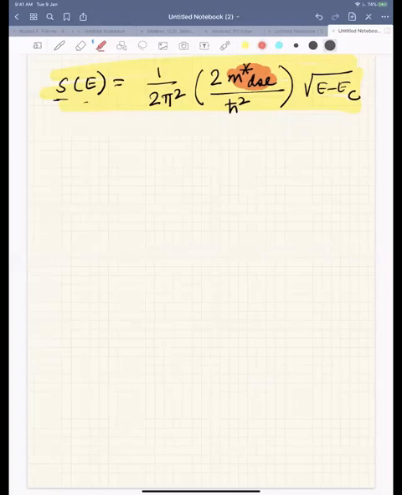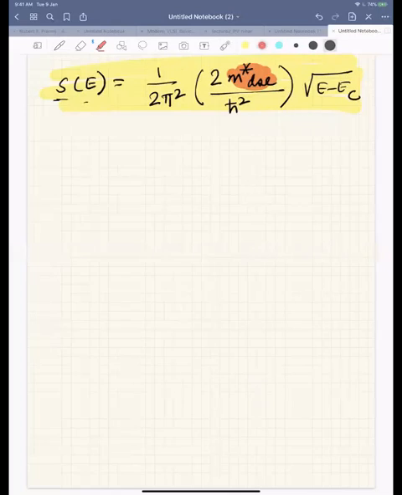So the density of states will also be different, but we have taken this into account, including the longitudinal transport direction effective mass, and consolidated it into one effective mass, which we call the density of states effective mass. So here m star DSE is the density of states effective mass in the conduction band.